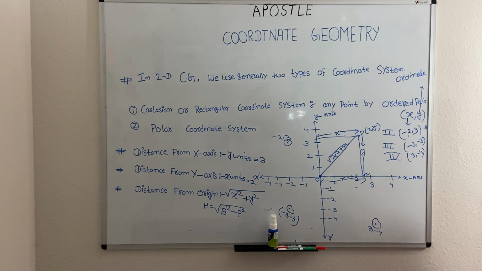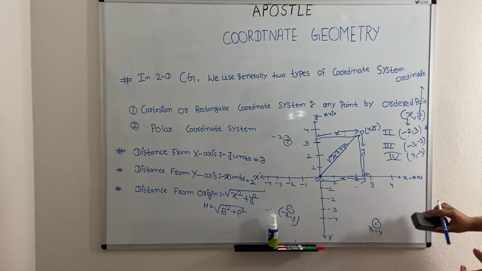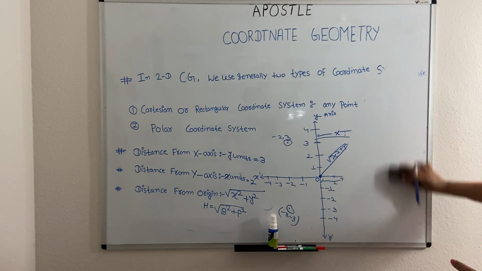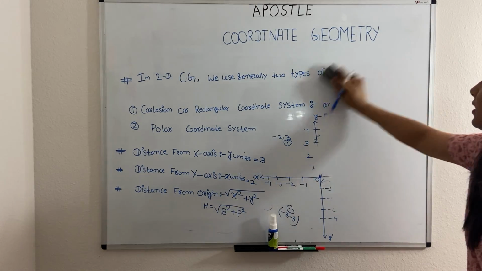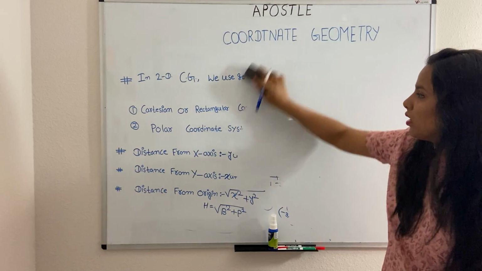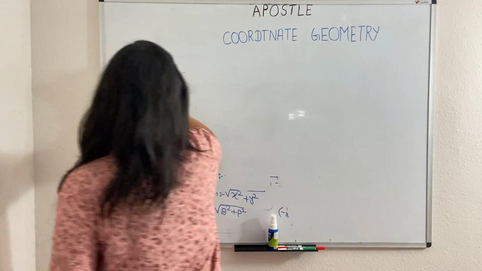The x coordinate is known as abscissa, the y coordinate is known as ordinate, and any point on the Cartesian plane we call an ordered pair, and we can represent it as x comma y. Now clear? Now we are moving towards one very important concept that we call the distance formula, and that is really very important for the 10th class.